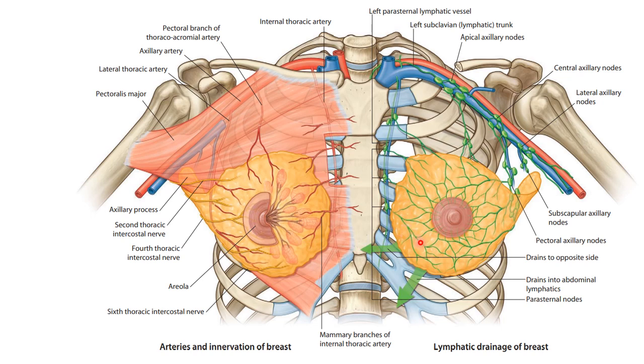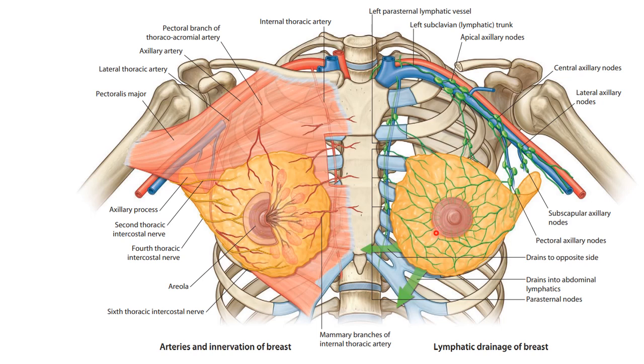The lymphatic drainage of one breast is connected to the lymphatic drainage of the other breast. So this is again a very important point. Sometimes we might have a cancer in one breast that spreads to the other breast. That's why when we examine one breast in a patient, we have to examine the other one, looking for any problems.